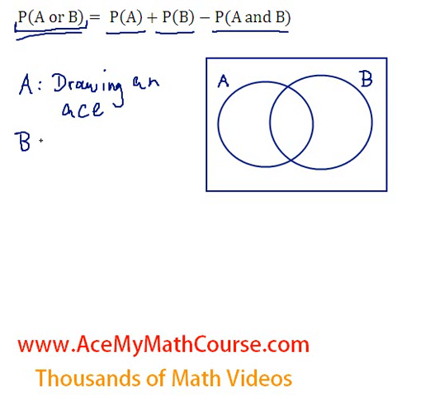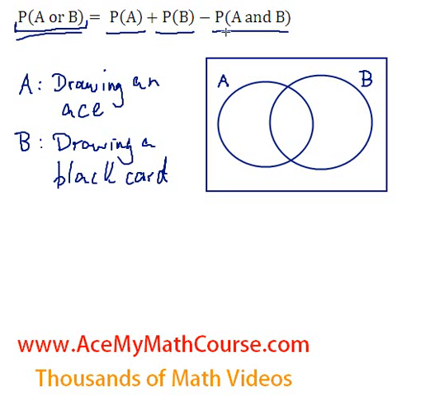And event B will be drawing a black card. Excellent. Okay, so how can we fill this out, and what questions could we come across with this?